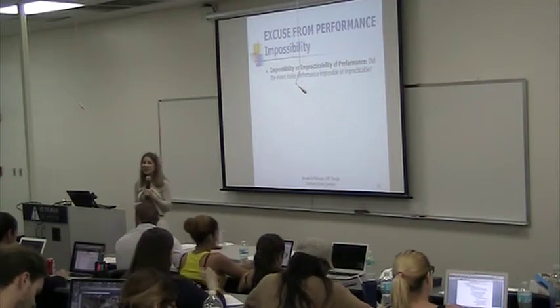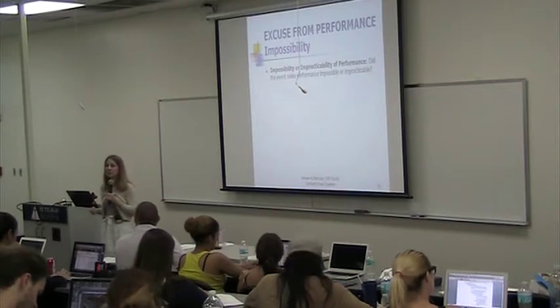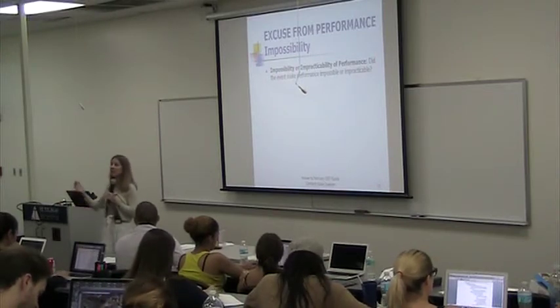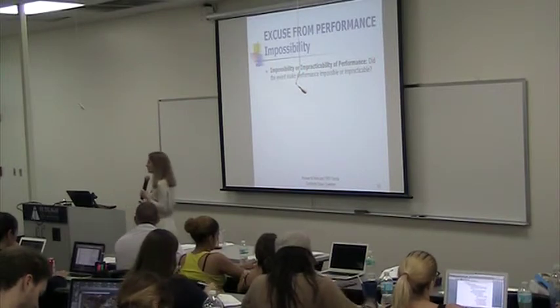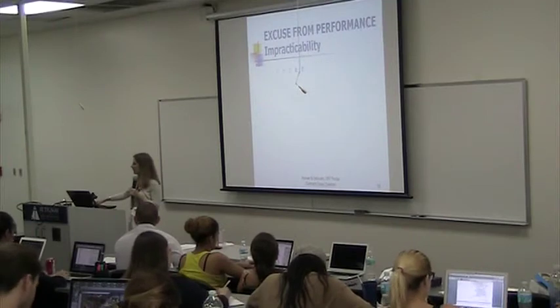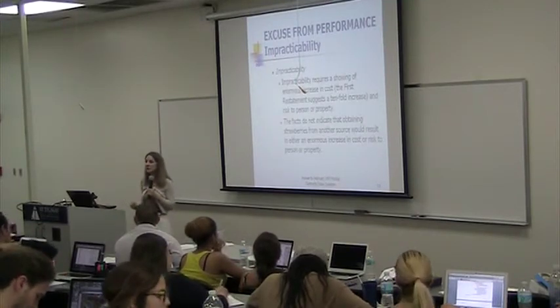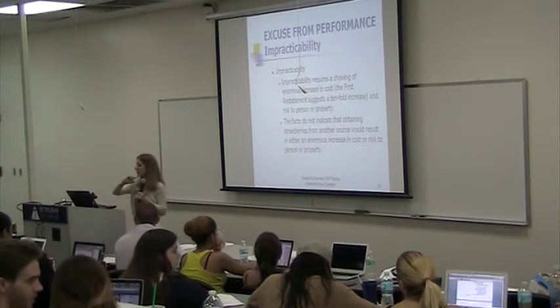So I'm guessing that Sam's performance is not objectively impossible in this case. The question is then, was it impracticable? Impracticability, a close cousin of impossibility, but a little bit different. Because now what you need is performance. And I want to back up for 1 second before I go to impracticability.